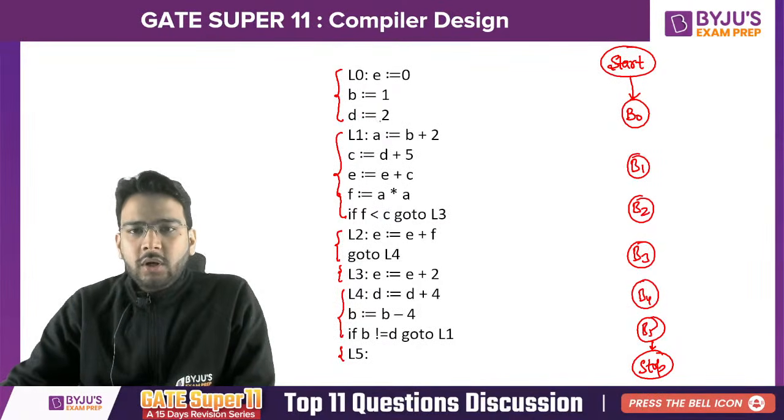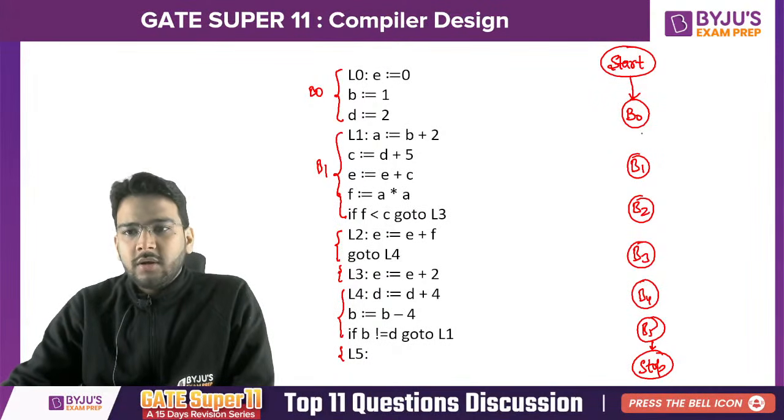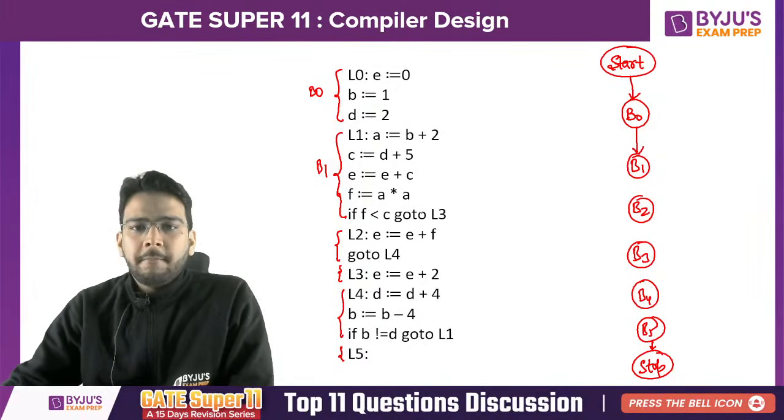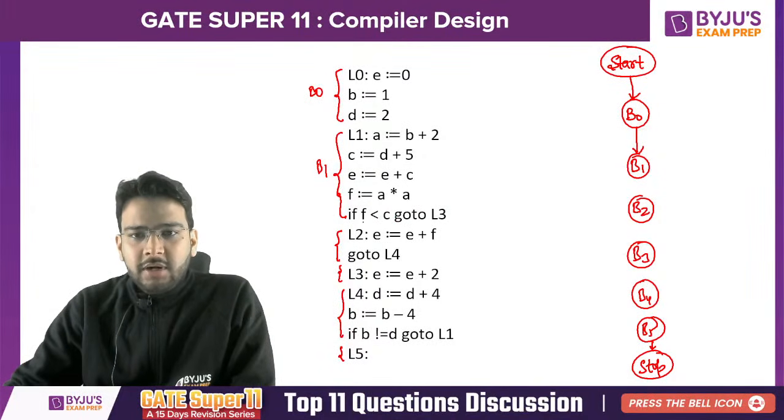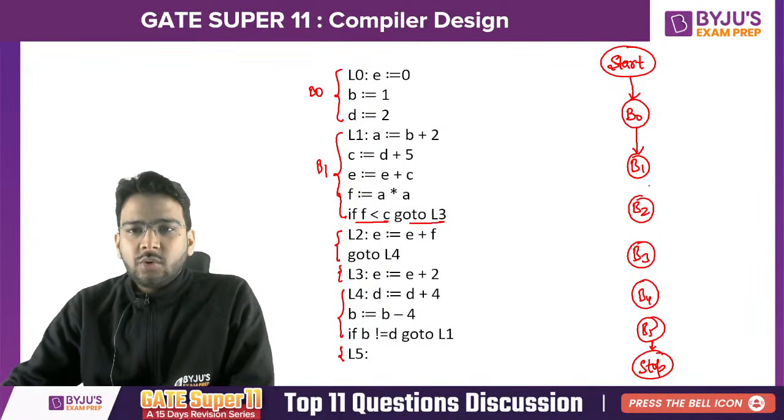Now from B0 we are moving to B1 only. Now in B1 we have this statement: if f is less than c, then go to L3. That means B3 here, right? So if f is less than c, then we go to B3.